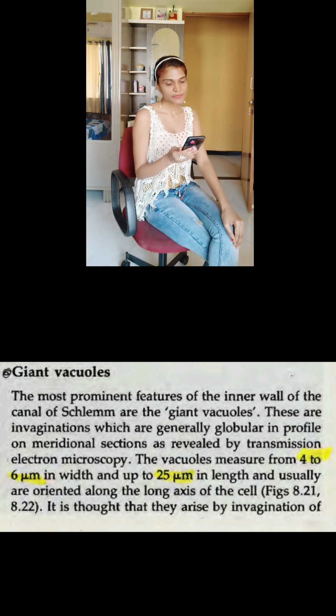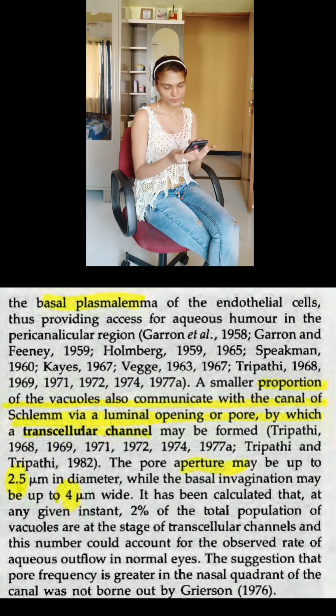The vacuoles measure from 4 to 6 micrometers in width and up to 25 micrometers in length, and usually are oriented along the long axis of the cell. It is thought that they arise by invagination of the basal plasmalemma of the endothelial cells, thus providing access for aqueous humor in the pericanalicular region.